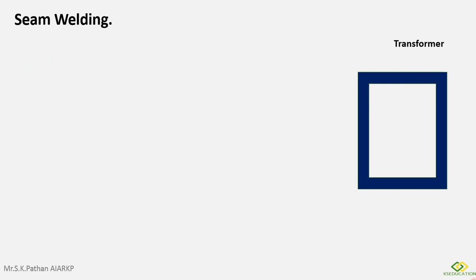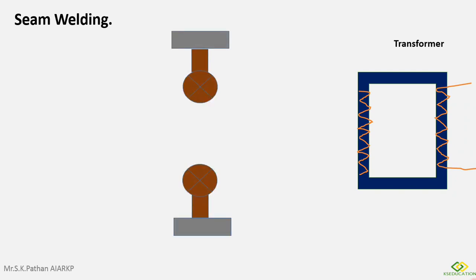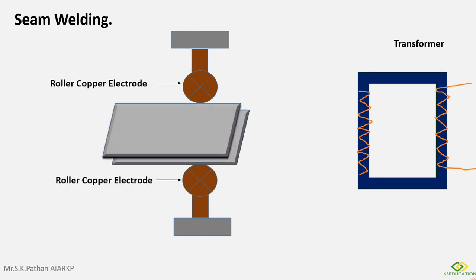Let's understand through a diagram how seam welding works. Again, this is a transformer with a primary winding and secondary winding, and these are two roller copper electrodes, and in between these two roller copper electrodes, a plate is kept which we need to join.